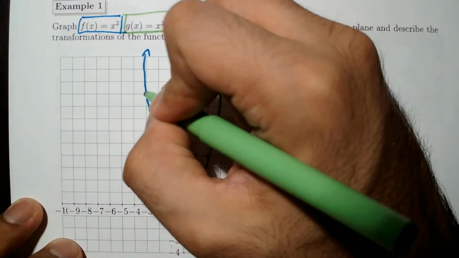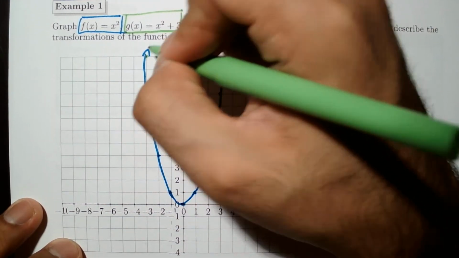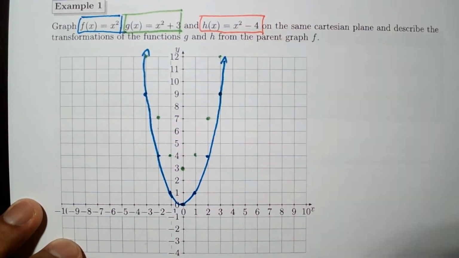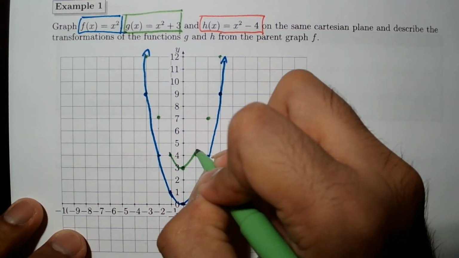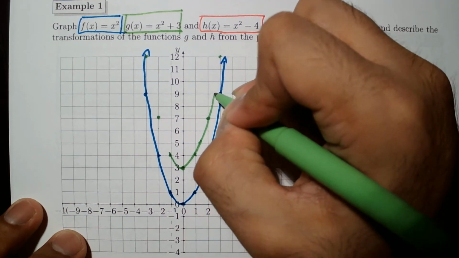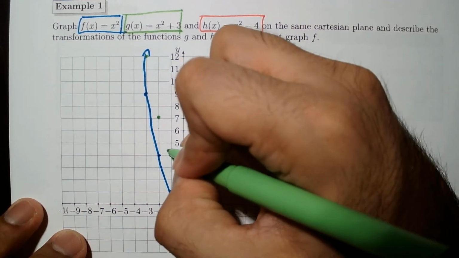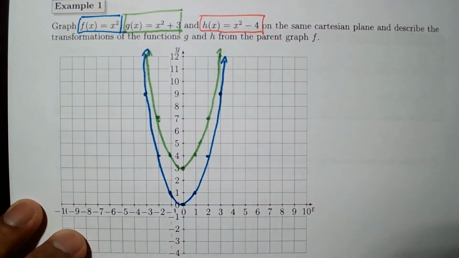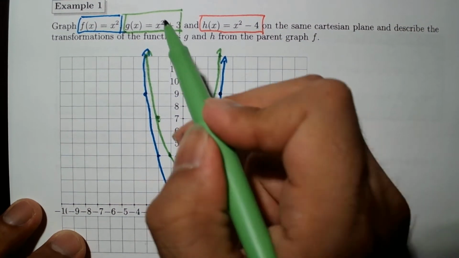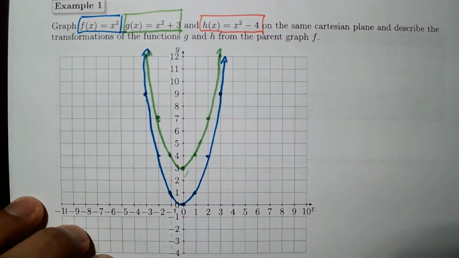Then these 2 points again, I'm going to shift 3 units, and I'm going to have this graph right here. So we have a parabola shifted 3 units up.